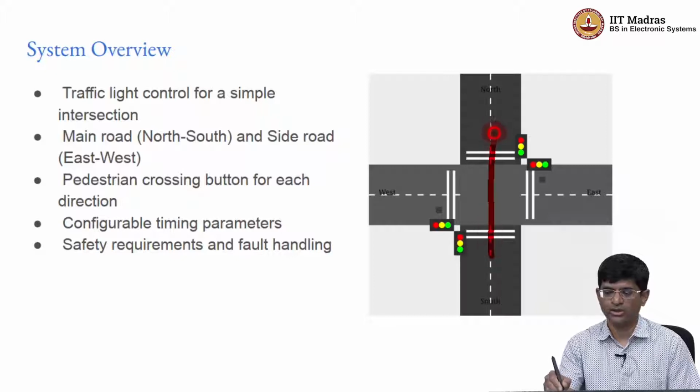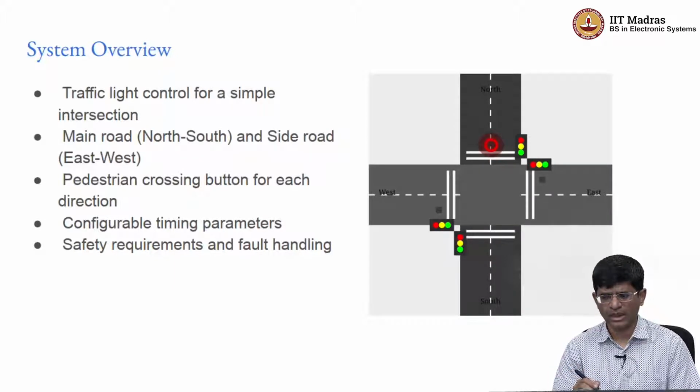In other words, north-south should be on maybe for 10 seconds, after which it transitions, and then the east-west turns on for a certain amount of time, once again transitions back, north-south turns on and so on. While the transition is happening, we also want to make sure that it goes through a phase of yellow. What that means is I shouldn't go directly from green on north-south to green on east-west.